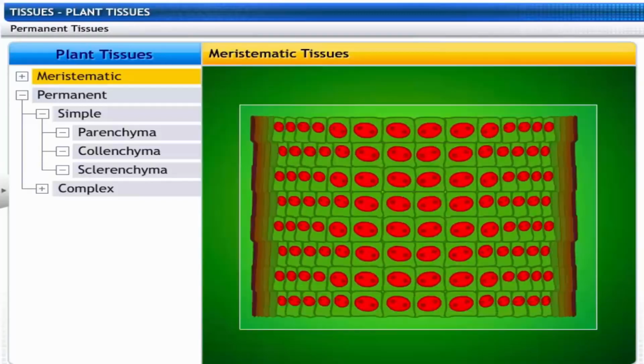Take a look at what eventually happens to meristematic tissues. Old meristematic cells lose the capacity to divide and transform into permanent tissues. This process of taking up a permanent shape, size, and function is called differentiation.